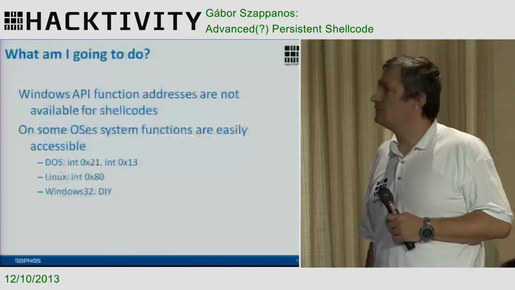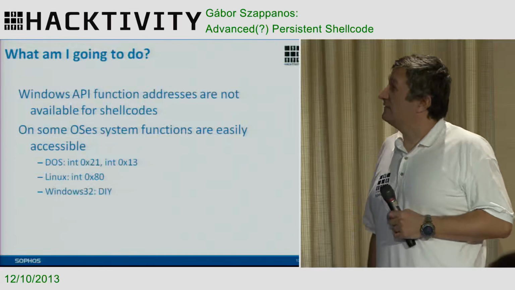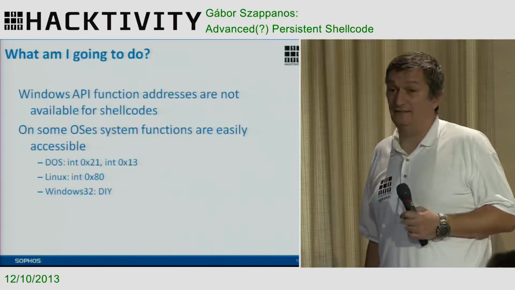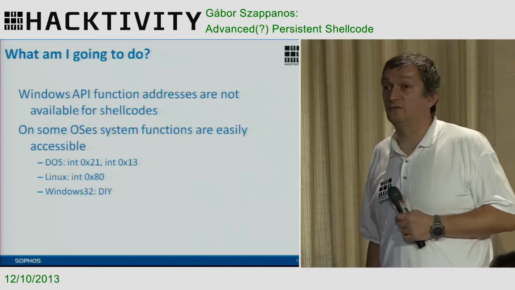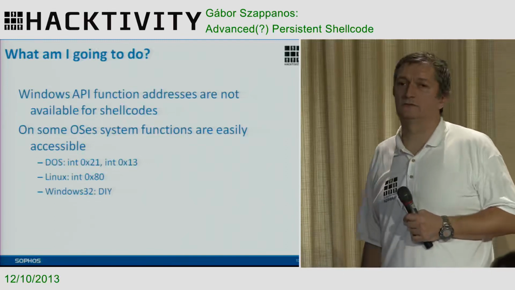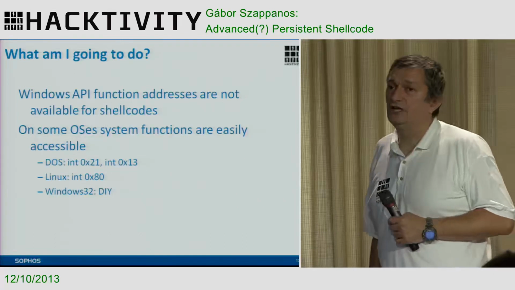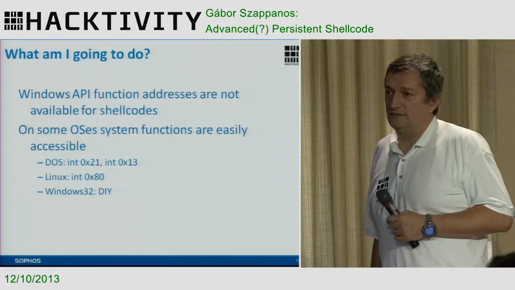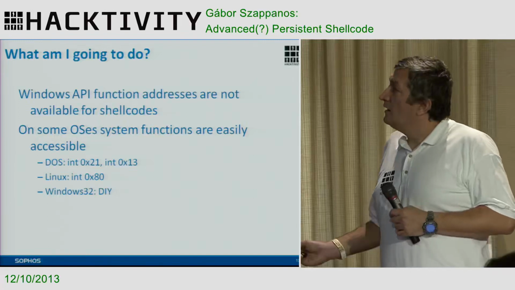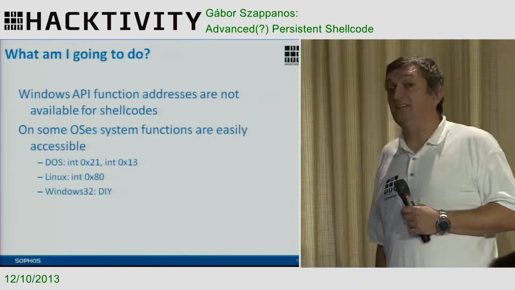Now here comes a little problem. The Windows API function addresses are not available for the shellcode. It's just a block of code executing somewhere on the stack. It has zero knowledge about the Windows DLL functions. On some other operating systems, these functions would be easily available.